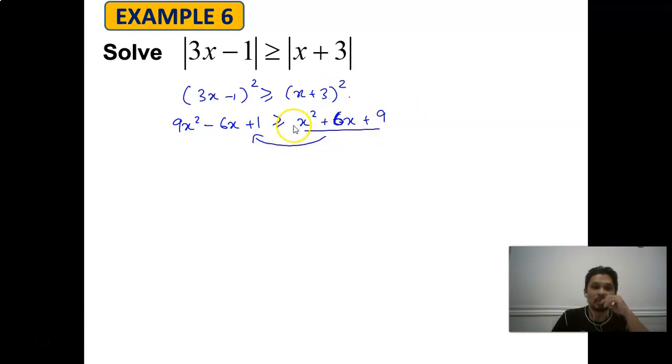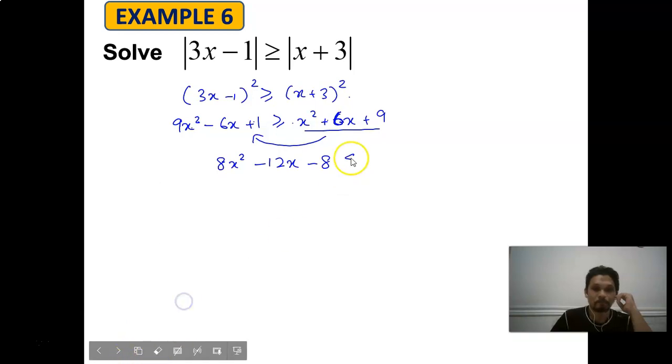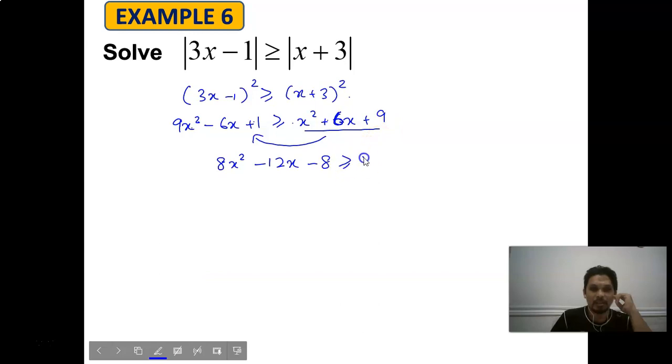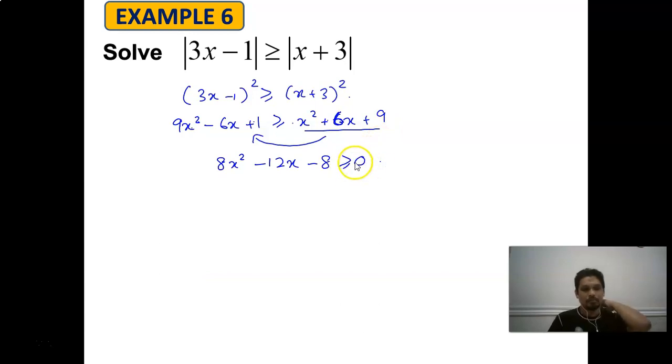So, all is positive, so when brought to the left side, it becomes negative: 9x squared minus x squared, 8x squared. Negative 6x minus 6x, negative 12x. 1 minus 9 equals 8, greater than or equal to 0.